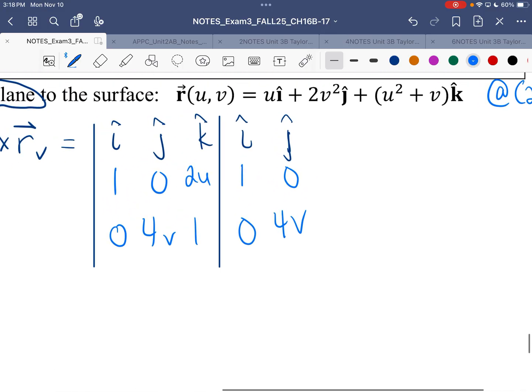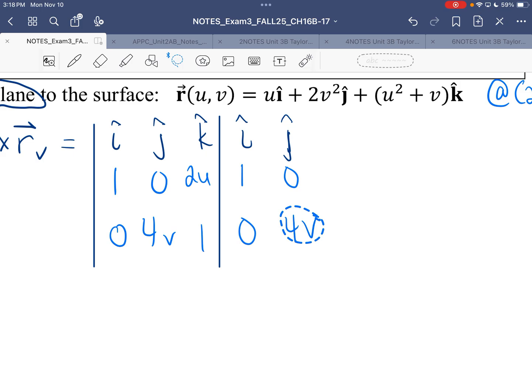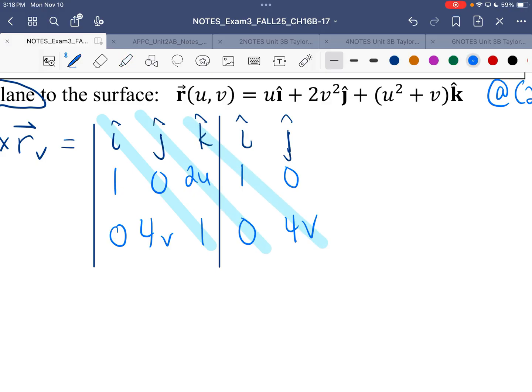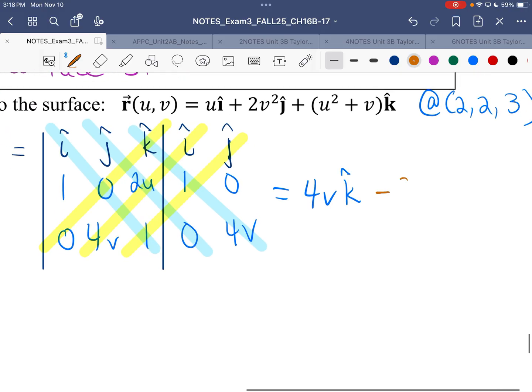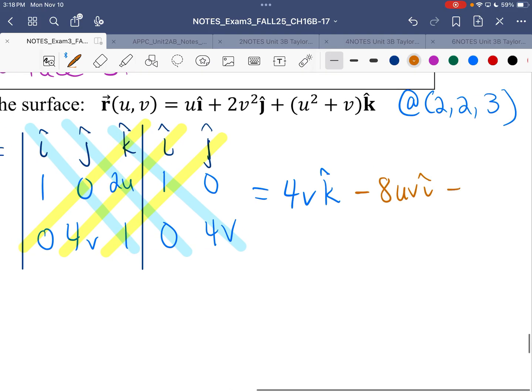All right, and find the determinant. The only non-zero part is k for that first pass. And then we got 0 minus, oh man, not as easy that time, okay. So minus 8uv in the I component and minus 1j.